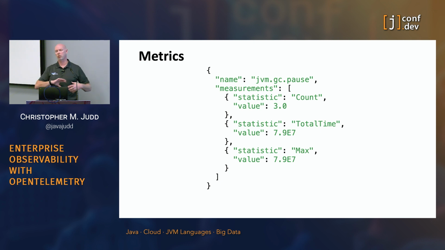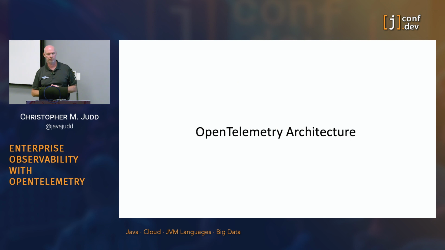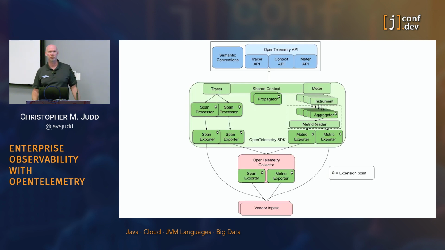And now we're going to see how that is all implemented inside of OpenTelemetry. So the architecture for OpenTelemetry looks like this. There are several components. We're going to walk through each of those so you understand what is available to you and how you might take advantage of that.